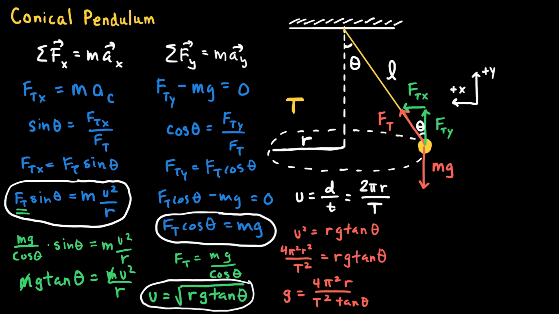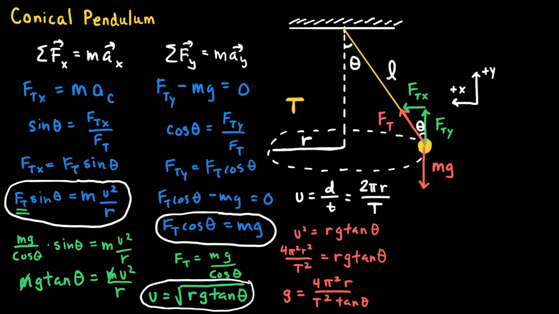And this is interesting because I could use a conical pendulum to measure the acceleration due to gravity on a planet. And the only thing that I would need to measure the acceleration due to gravity would be the radius of the circle, the period, or the amount of time it takes for it to go around once, and the angle that the pendulum makes with the vertical.